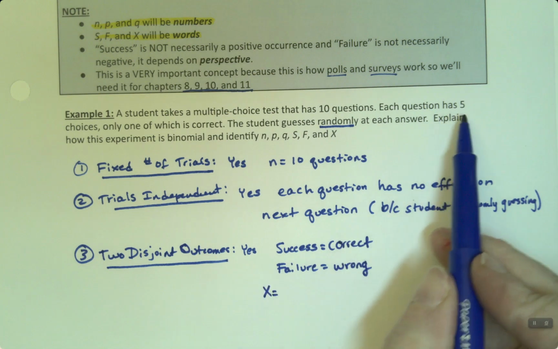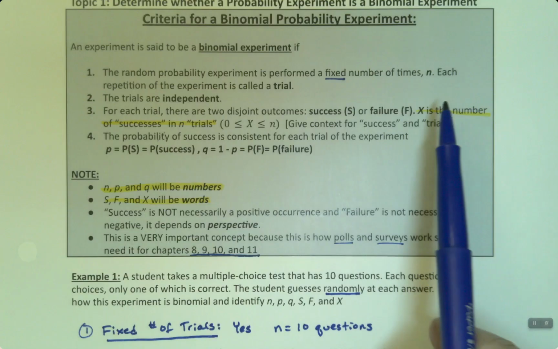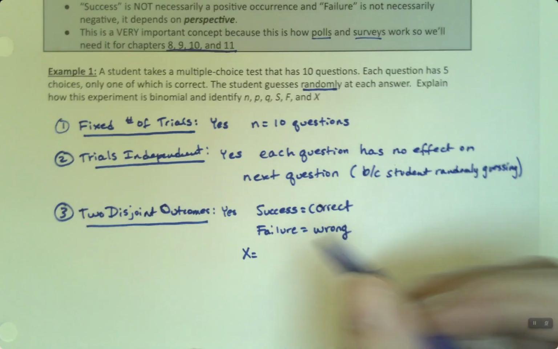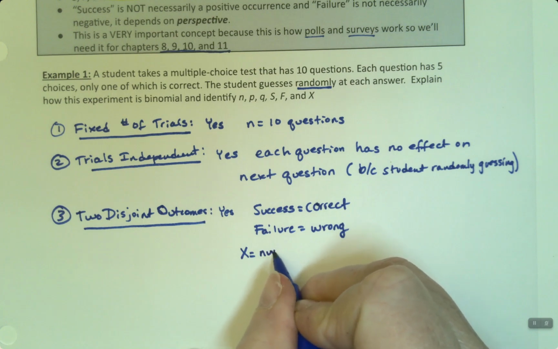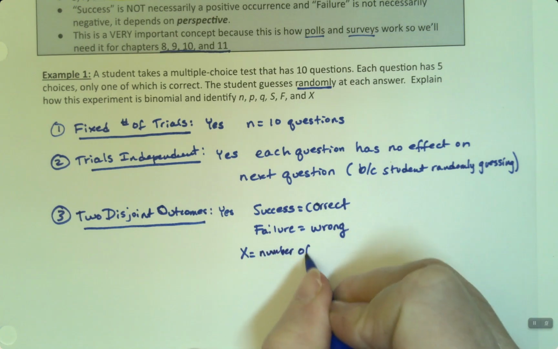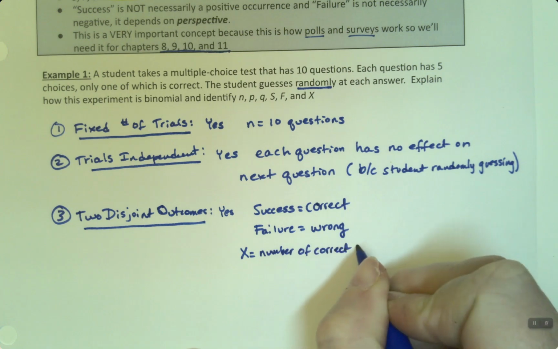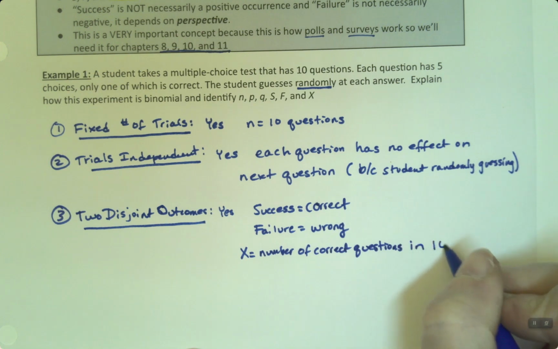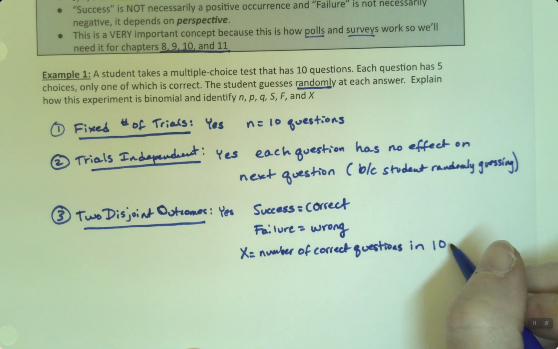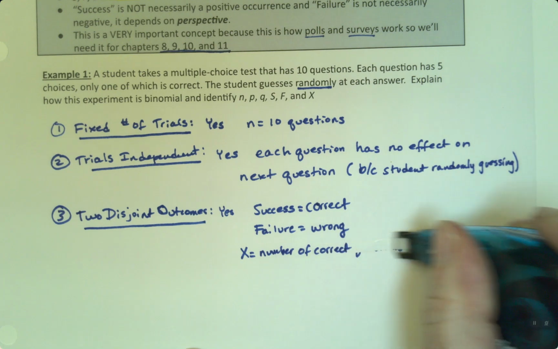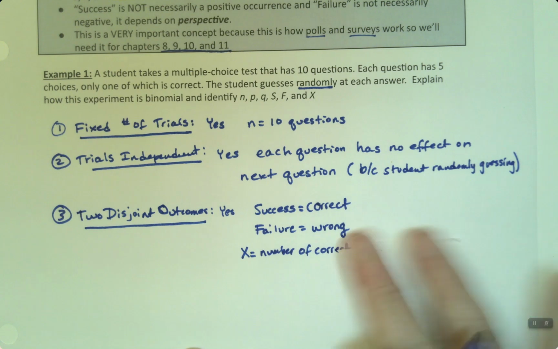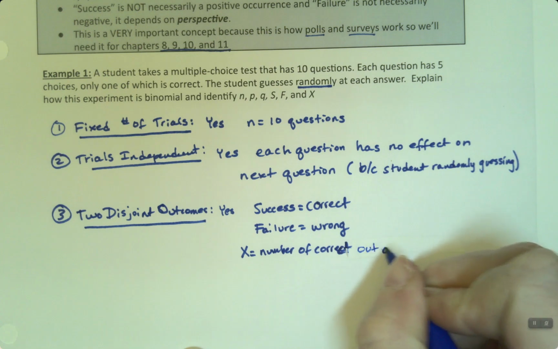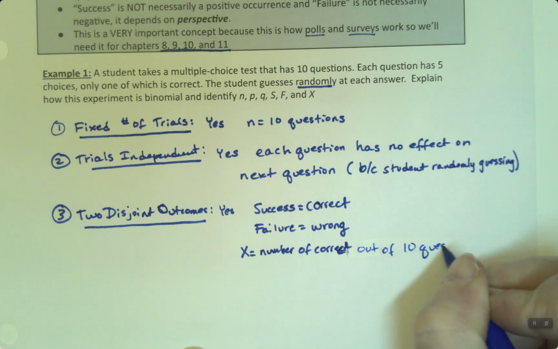X is the number of successes, so the number of correct answers in 10 questions. Or I guess I should say the number correct out of 10 questions, just to make this make English sense.